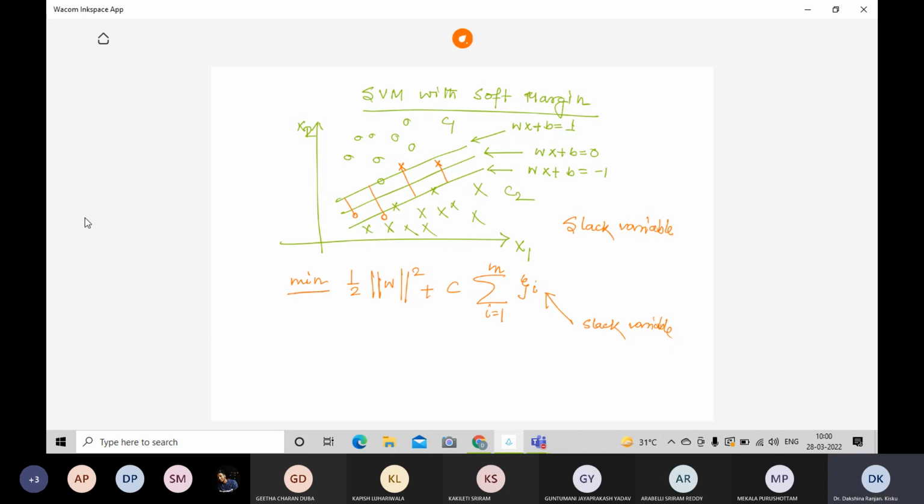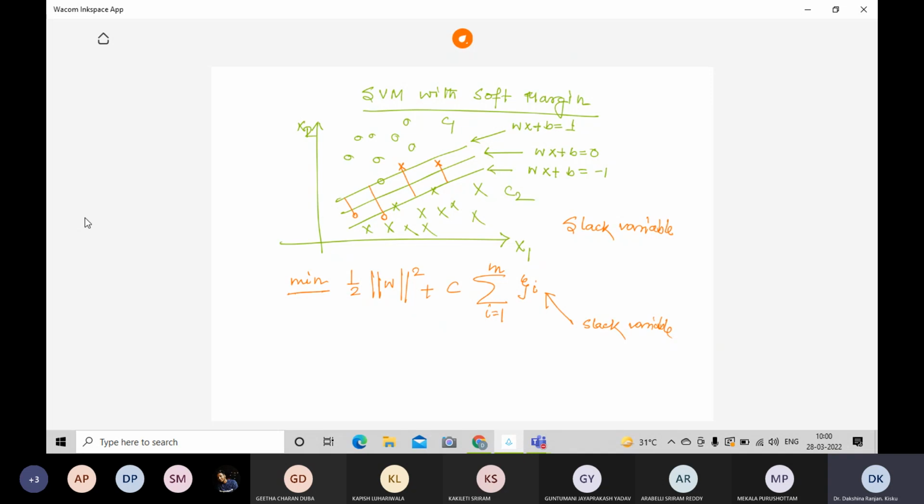Initially we are trying to maximize the distance between the two margins of class C1 and C2, by maximizing the distance of the examples of class C1 and C2 from the hyperplane.